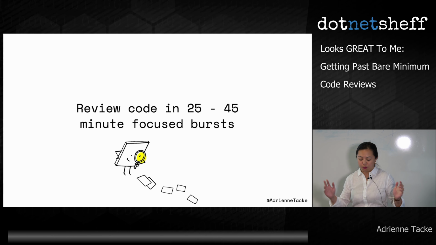Sometimes we squish all of the pull requests to view and review all in one time and we get burnt out. So one of the things that we try to say is to review code in more short focused bursts of 25 to 45 minutes, because that's when we're less likely to lose focus and less likely to want to skim the code review in the first place.